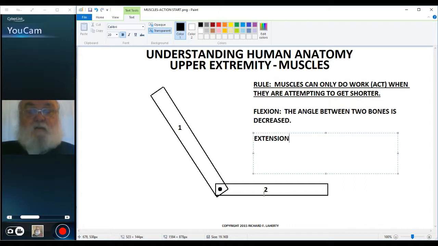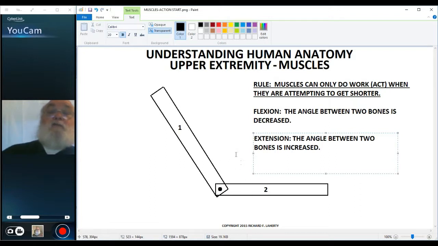And extension is defined as when the angle between two bones is increased. The angle between two bones is increased.